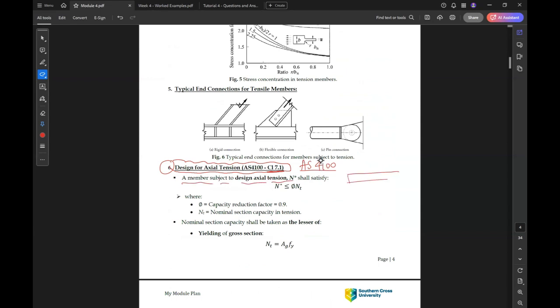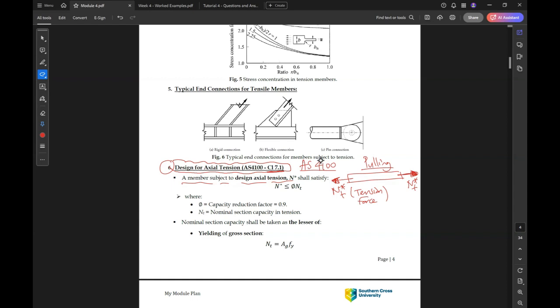If we have a member under tension, the force in the member is pulling the member. This force is called N star or NT star. This is the tension force applied.